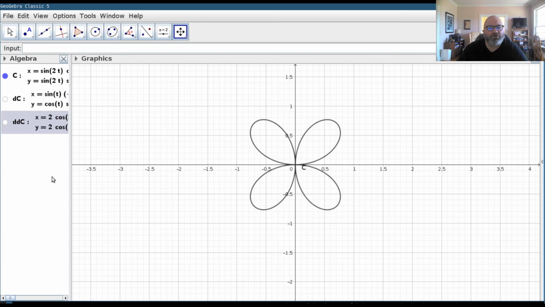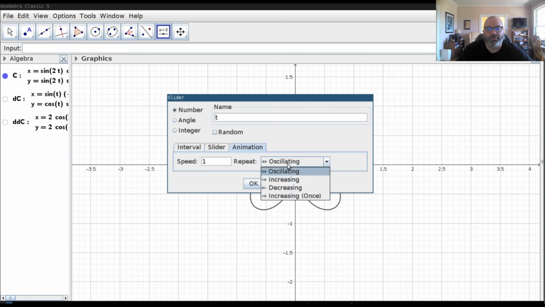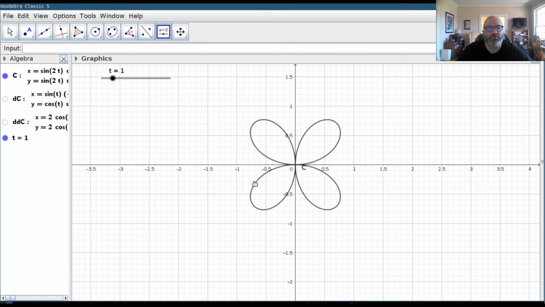All right, so let's come up with some point on this curve. Let's make a slider that will be our angle. Let's say this slider t is going to go from 0 up to 2 pi, with step 0.1. The animation will just increase it one time at speed 1.